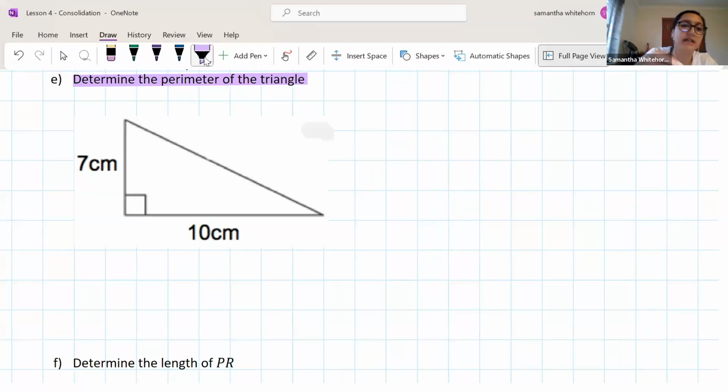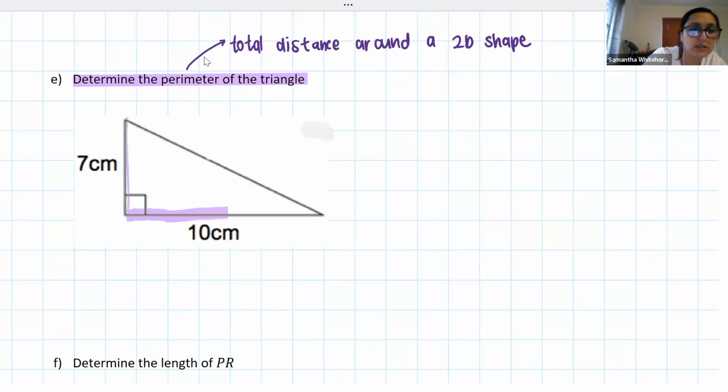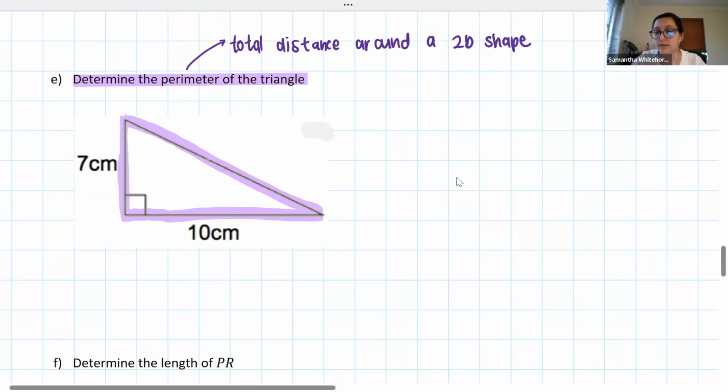So just to highlight it for you, the perimeter of this triangle would be essentially the whole distance around the shape. So it's the sum of all of our sides. So that is what I'm asking you to do here. And I want you to think carefully. Do you have all three sides? If you don't, we need to maybe work it out so that we can get the perimeter.